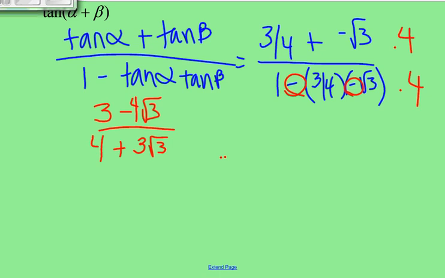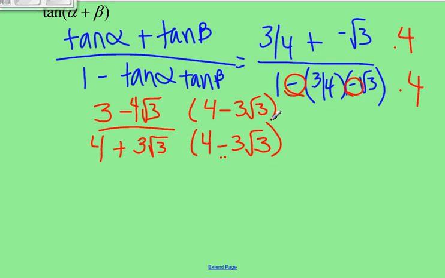Okay, then we've got a radical on the bottom, so we got to multiply by the conjugate. So we're going to get 4 minus 3 root 3. All right, so now we get 3 times 4, which is 12. And we get 3 times negative root 3, which is negative 9 root 3. Negative 4 root 3 times 4 is negative 16 root 3.